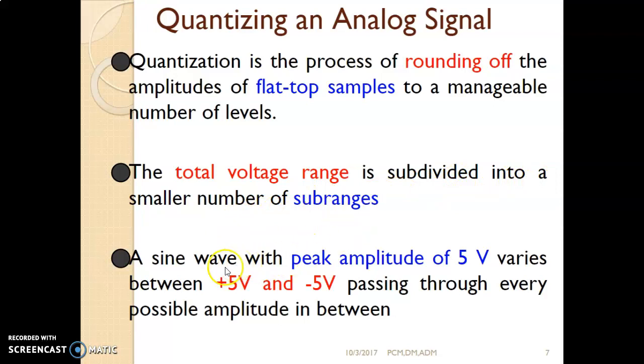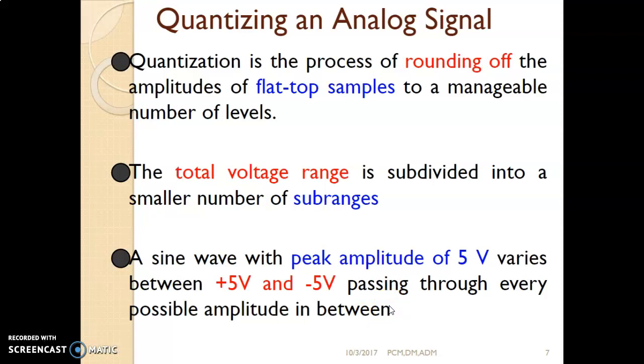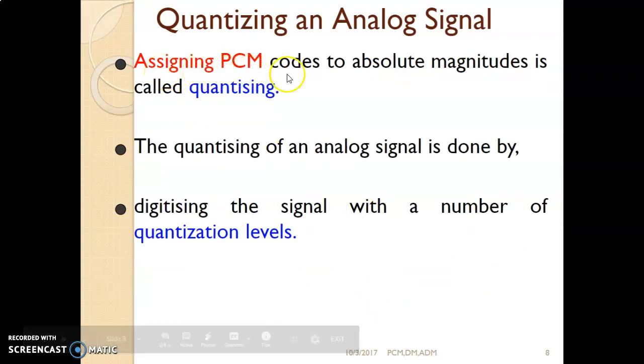For example, consider a sine wave with a peak amplitude of 5 volts, varying between plus 5 and minus 5, passing through every possible amplitude in between. So there will be a positive peak of plus 5 volts and a negative peak of minus 5 volts. After rounding off every possible value, we are going to assign a PCM code.